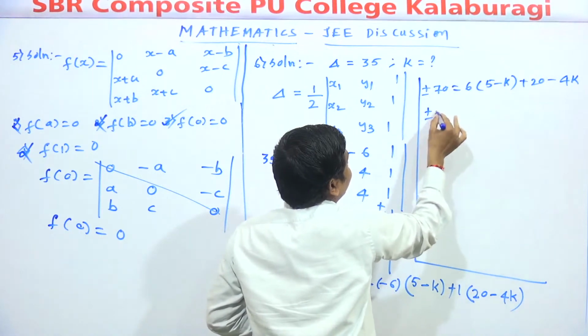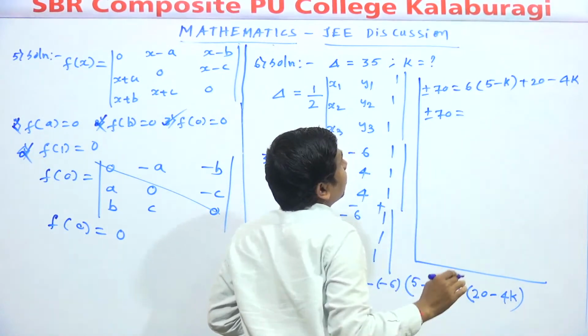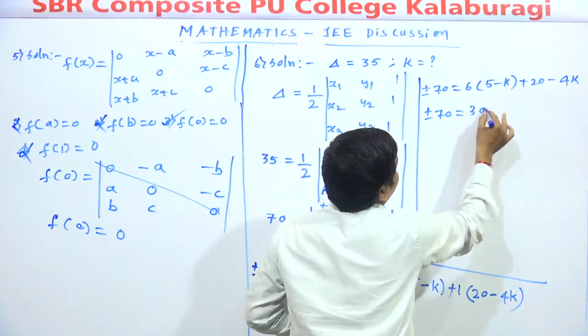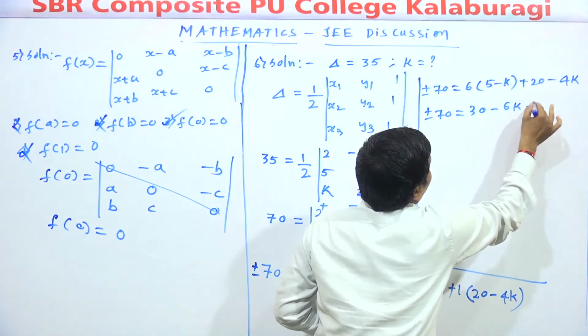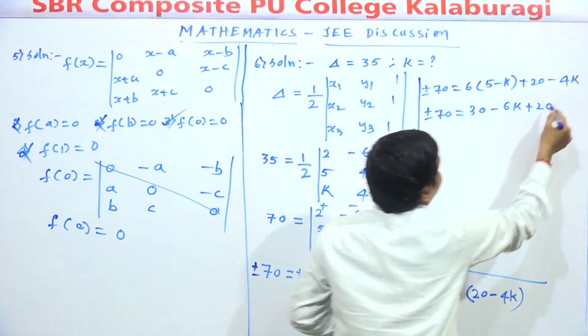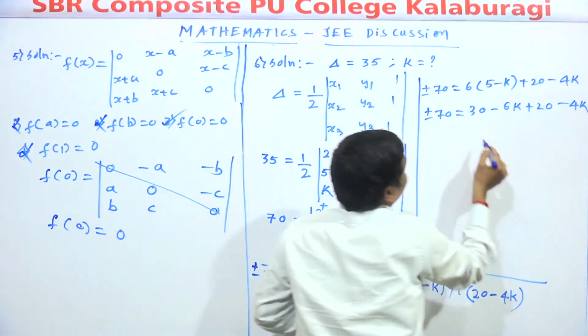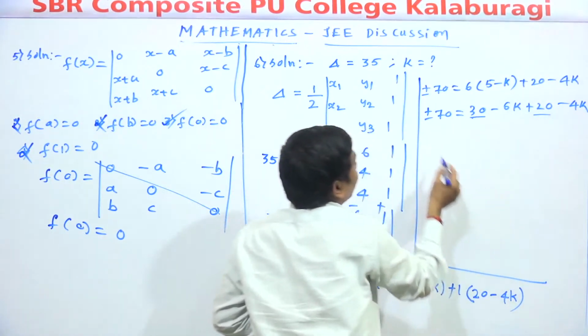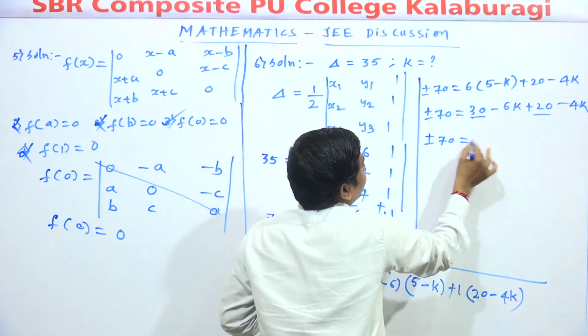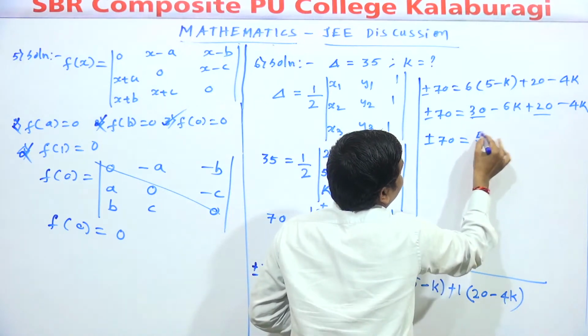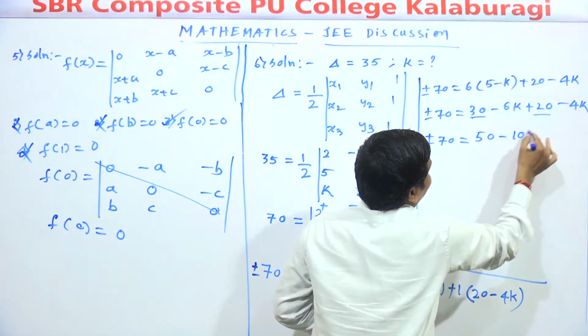Plus or minus 70 is equal to 6 fives are 30 minus 6k plus 20 minus 4k. 30 plus 20 is 50. Plus or minus 70 is equal to 50 minus 10k.